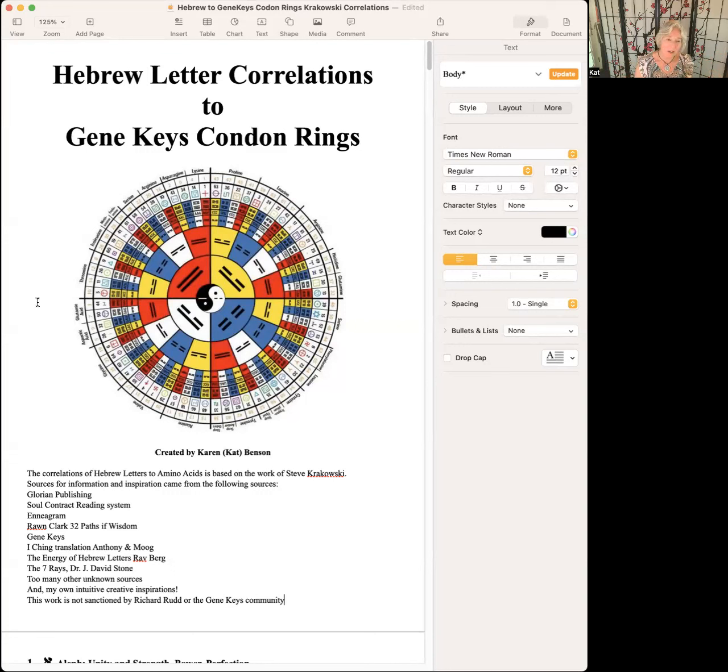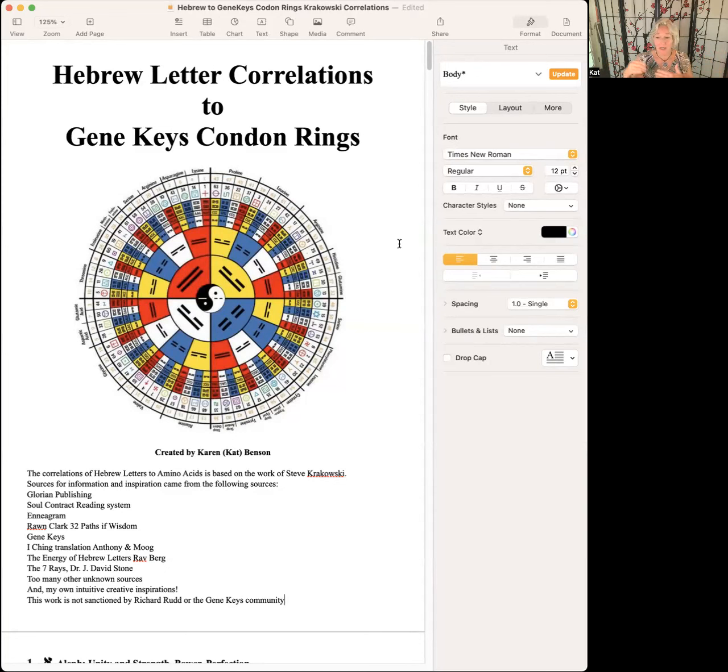And it is based on this genetic code wheel, which is what Richard Rudd uses. Now, just for your information, I think I've said this before, there are a couple of Hebrew letters to amino acid correlations out there in the internet world.